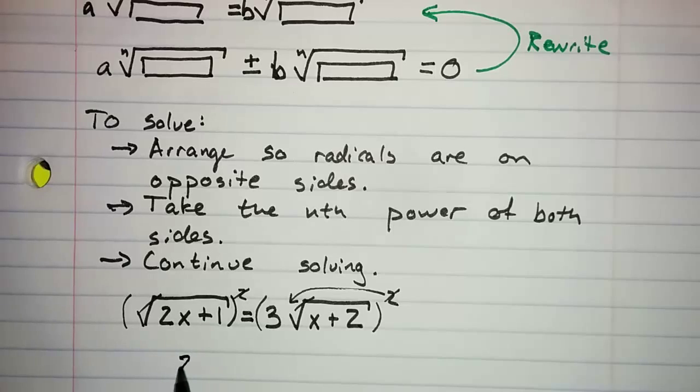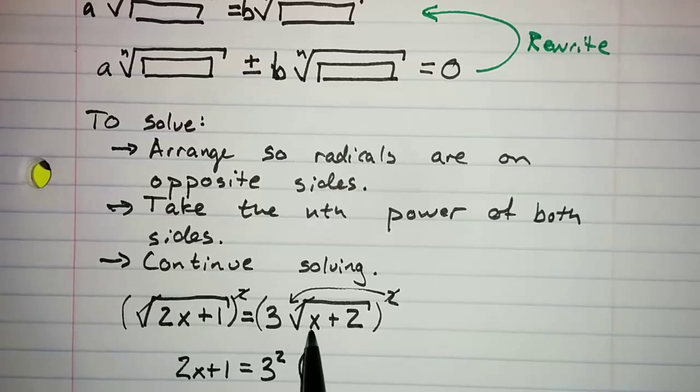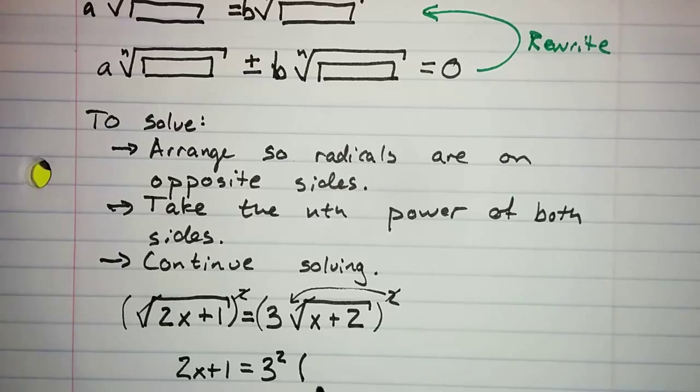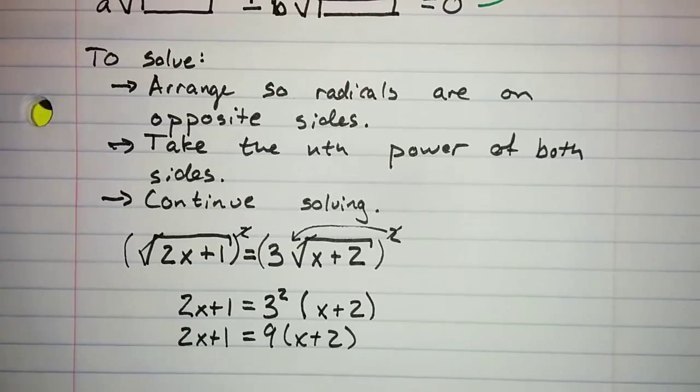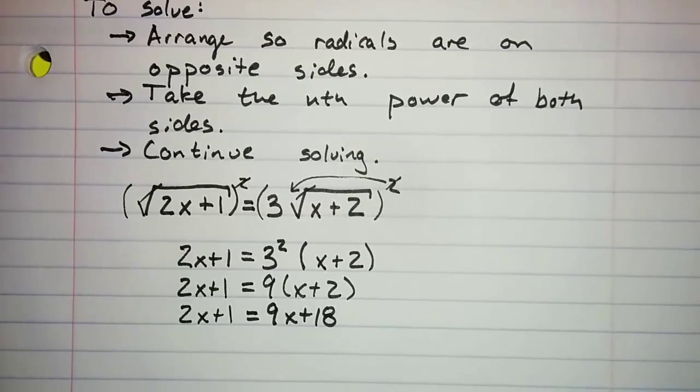So I'll have 2x plus 1 equals 3 squared times the square root of x plus 2 squared. 3 squared is 9, of course. I'll need to distribute. And now I need to get all the x terms on one side, all the terms without x on the other.